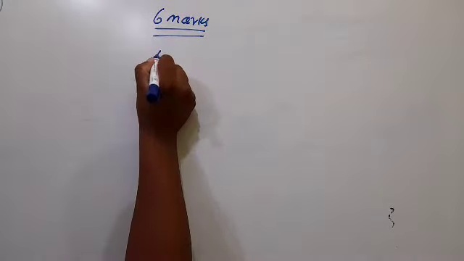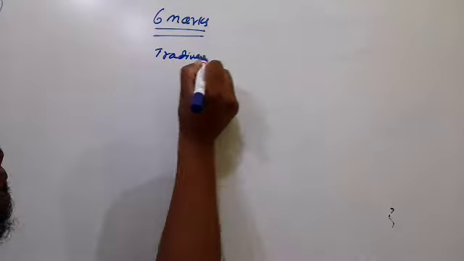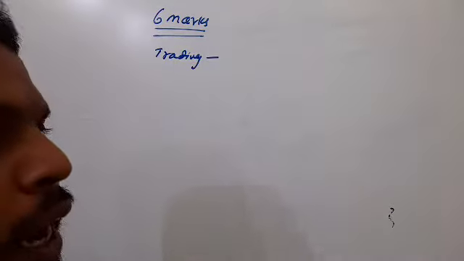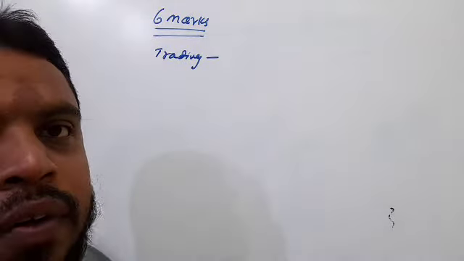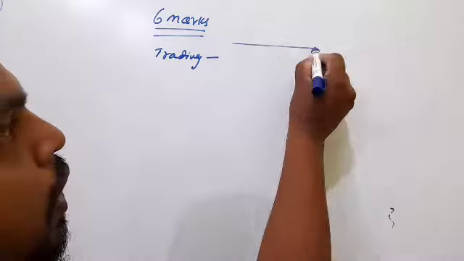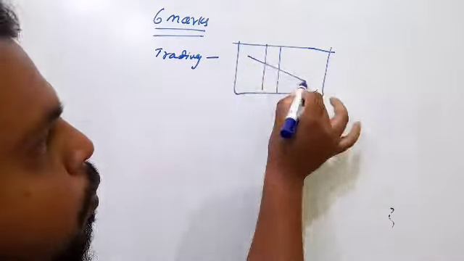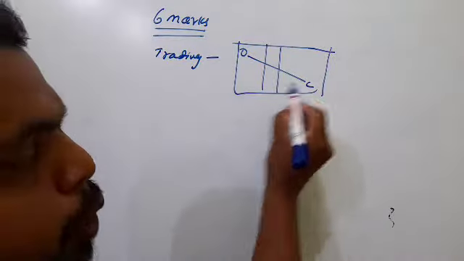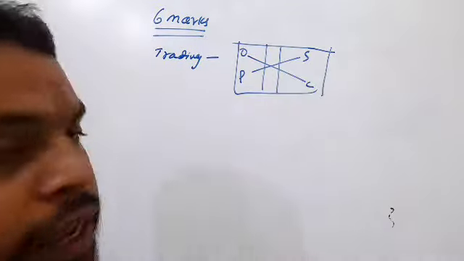So trading account. Trading account is one of the components of a financial statement. This trading account is prepared with the help of opening stock, closing stock, purchases and sales.